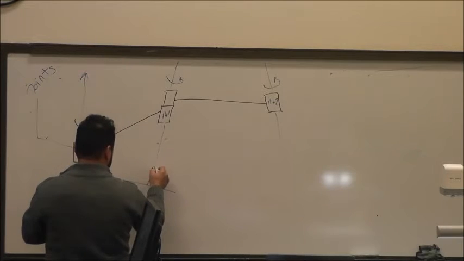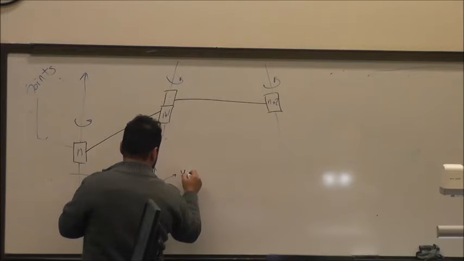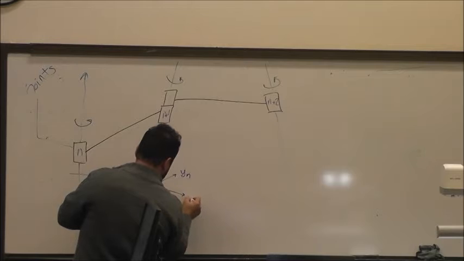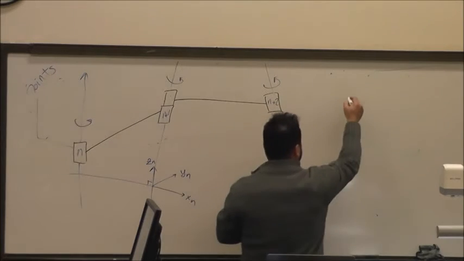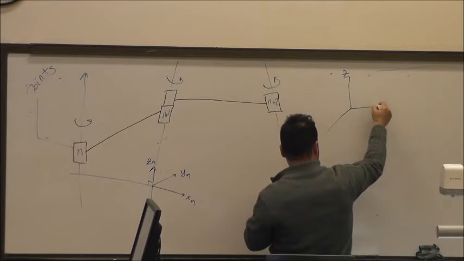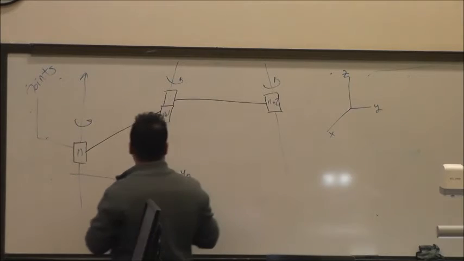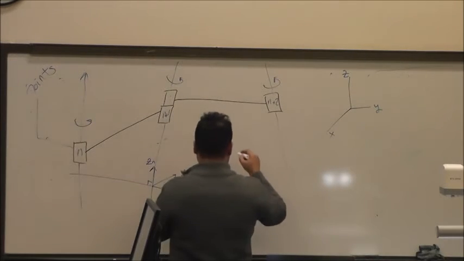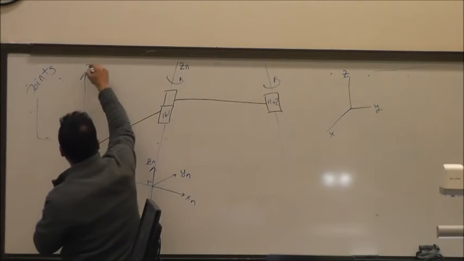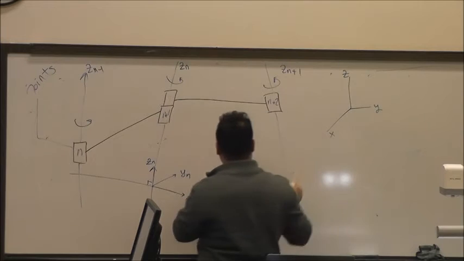This is my coordinate: Z N, Y N. Let me say it like this: Z, Y and X. Okay, and here I have Z N minus 1, Z N plus 1.